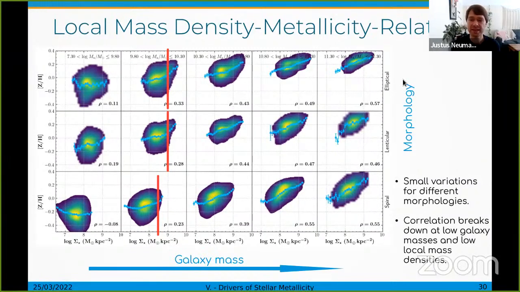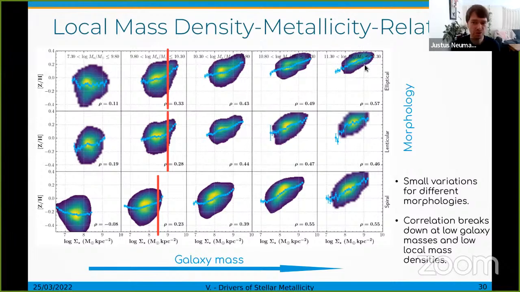Well, first of all, we see that between the different morphologies, there are not many differences. We see a little bit, if we look at the right-hand side, for example, that the relation is a bit steeper in spiral galaxies than for elliptical galaxies. In general, in elliptical galaxies, the metallicity is higher, so it's more on the upper side here.